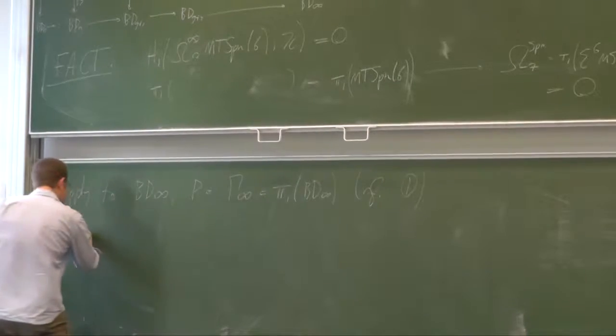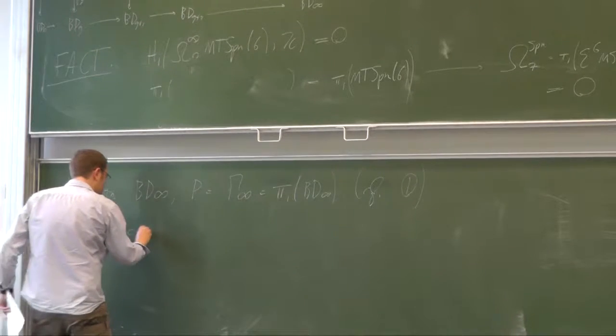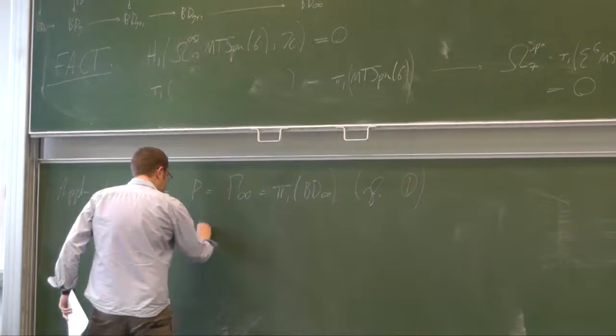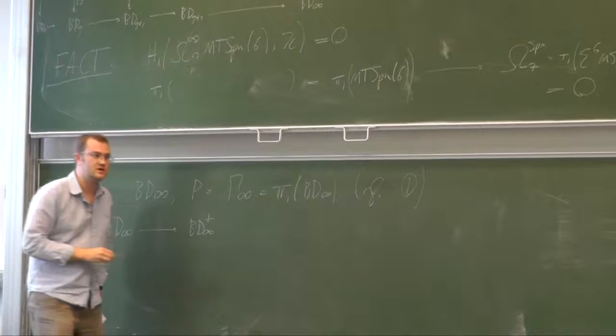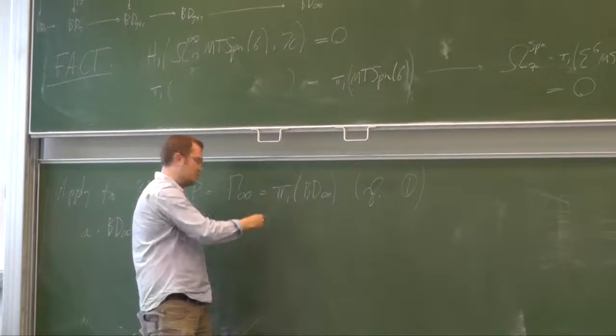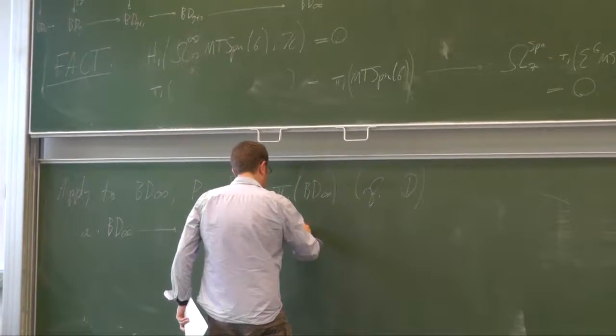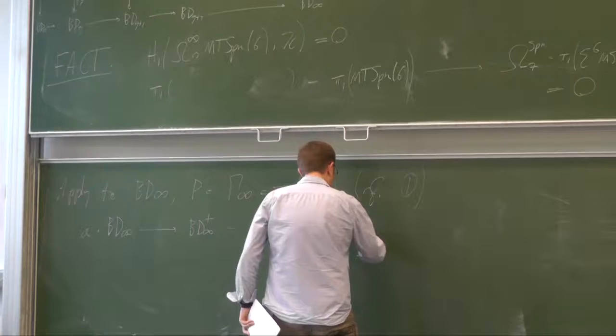And I get a map A from BD infinity to BD infinity plus. This is now simply connected because I've killed the whole fundamental group. So this is one connected, and the map is a homology isomorphism.